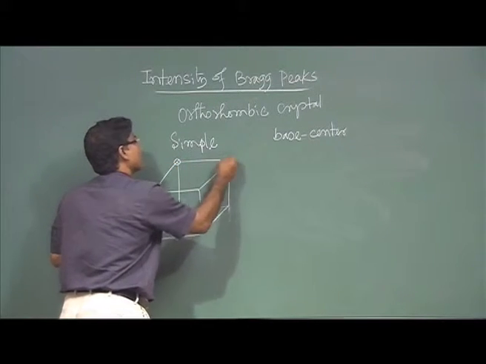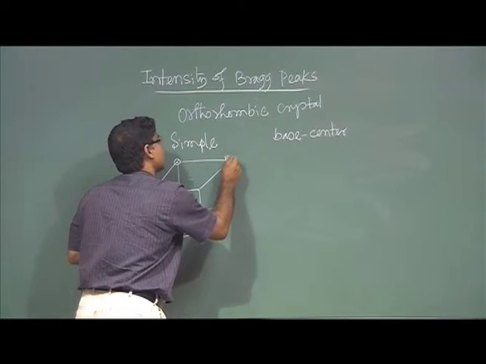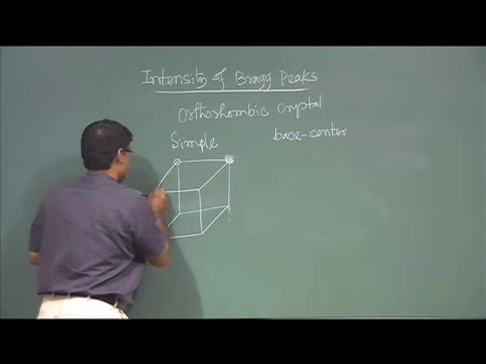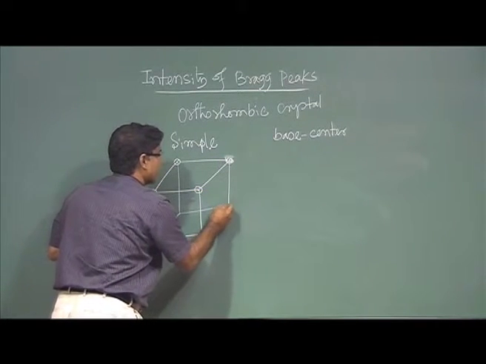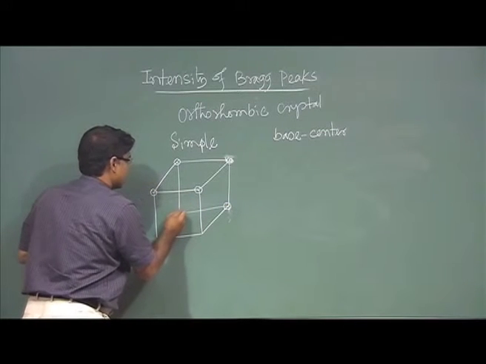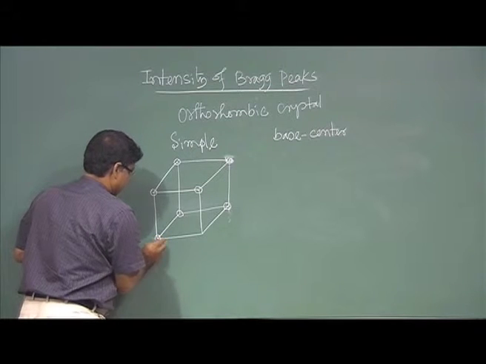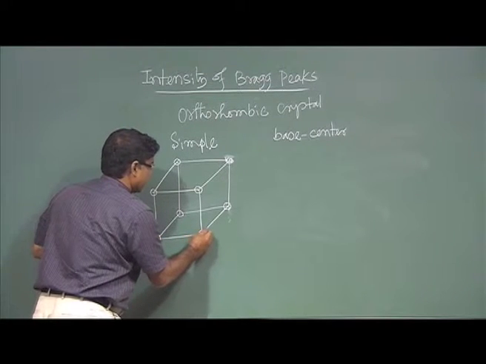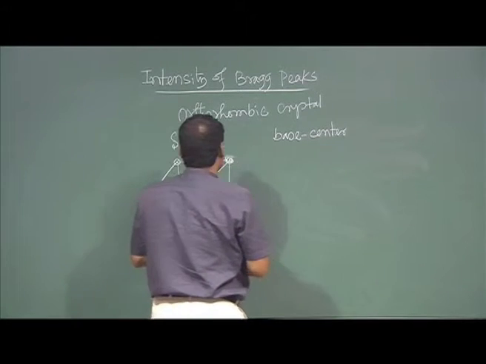there are 8 lattice points or atoms at the 8 corners. That is simple orthorhombic.